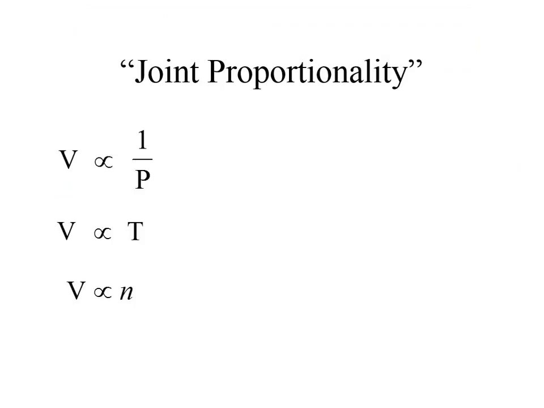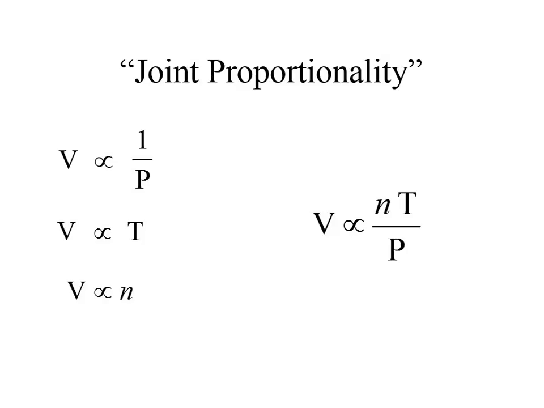So let's see, is this where I want to show you a few things? Yeah, before I go on to the next part. All right, so we talked about these proportionalities. In fact, we came up with a K, replaced the proportionality symbol with an equal sign, introduced a K. But now we're going to introduce one more K, we're kind of gearing up for the ideal gas law equation.